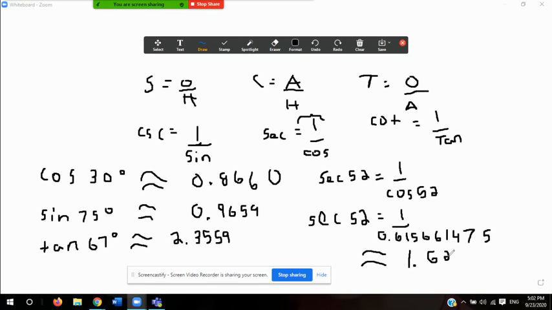And that would be how you calculate the secant of 52 degrees using a calculator. And that would be it for this example.